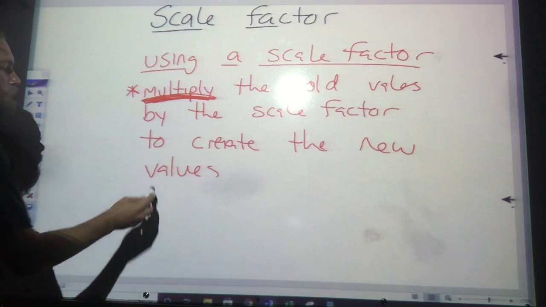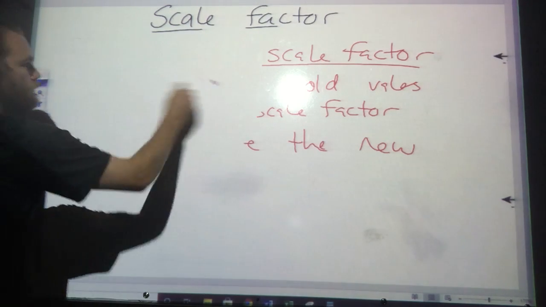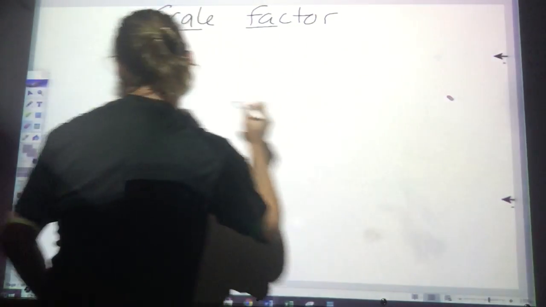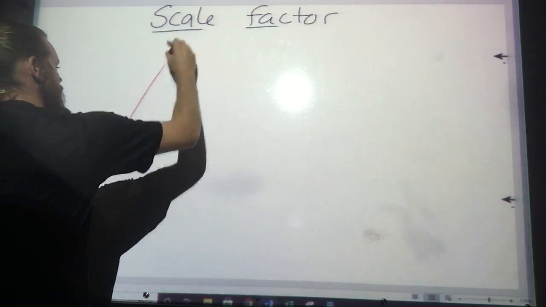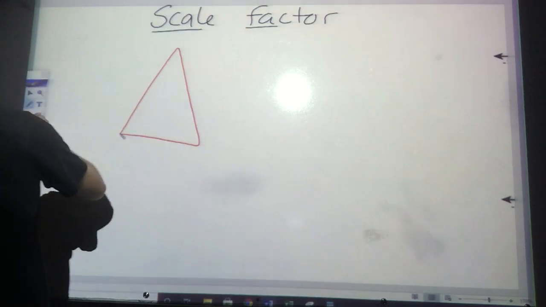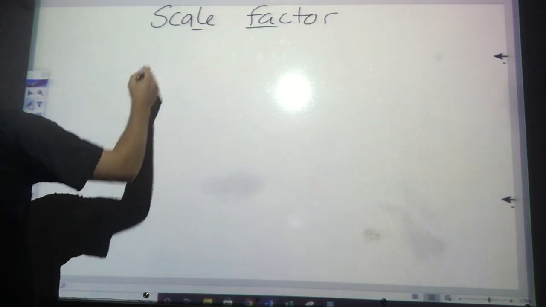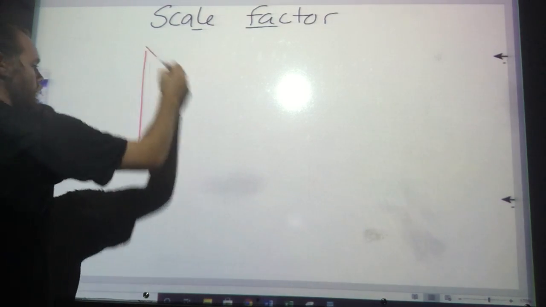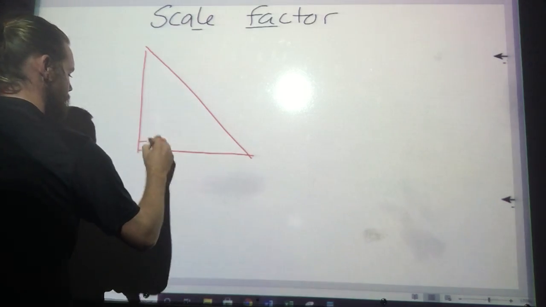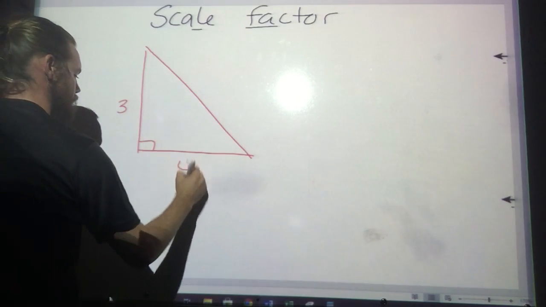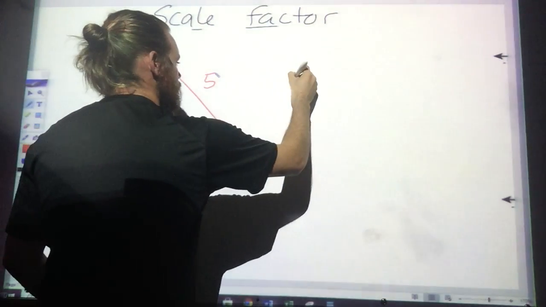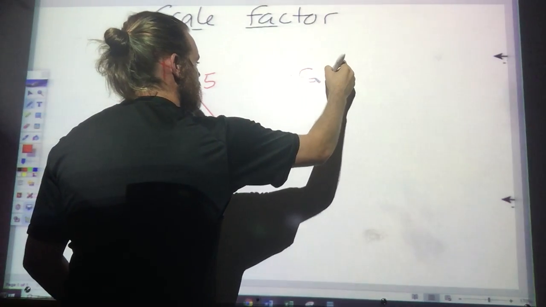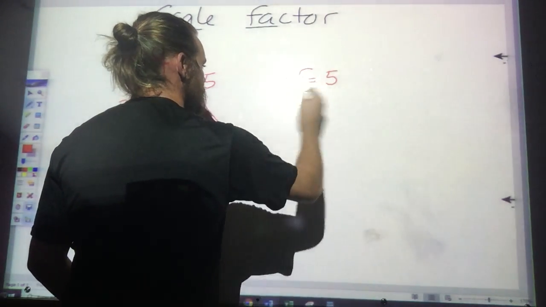Okay, so for example, let's say we have this triangle here, and we have a scale factor, let's put SF, a scale factor of 5.